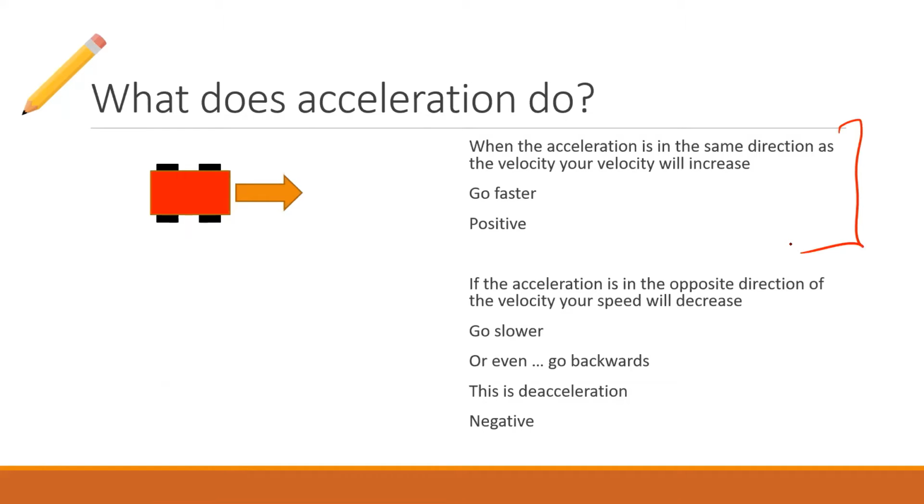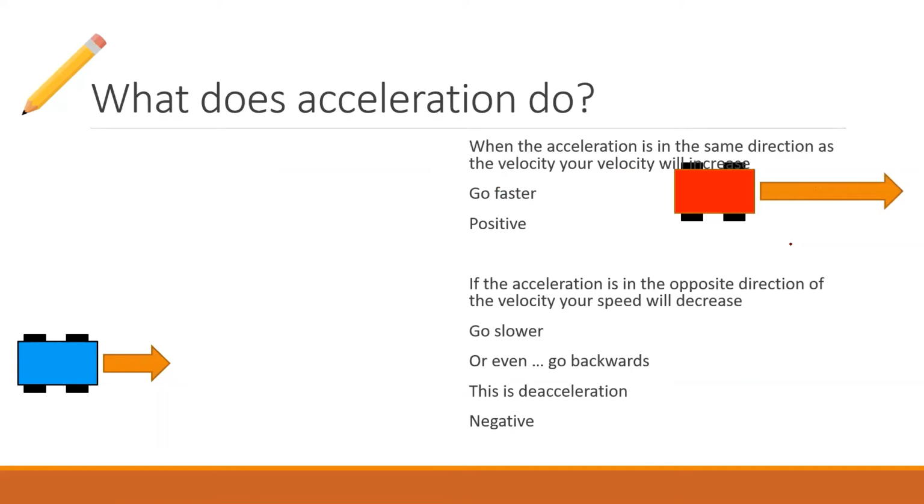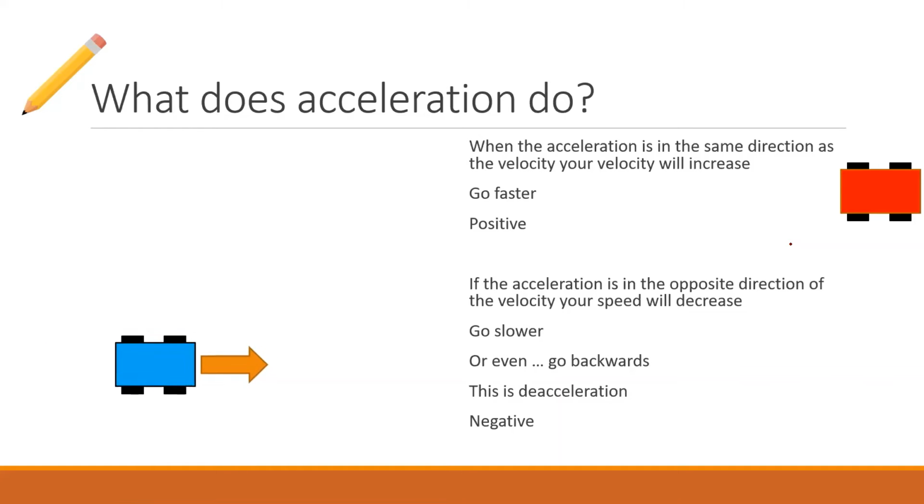So remember, with the red car, as we add acceleration, it makes that orange velocity line bigger, which means it moves faster. But with the blue car, when we add our velocity, see how it's pointing the opposite direction? So your deacceleration, your acceleration is in the negative direction.